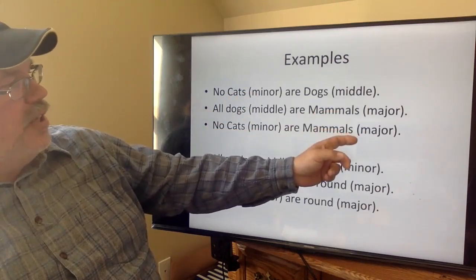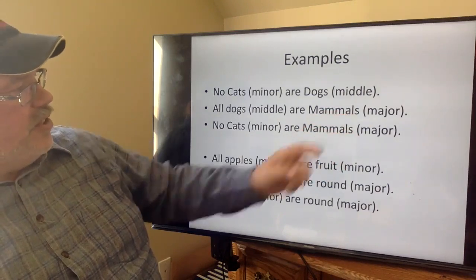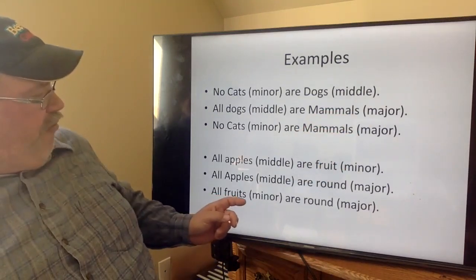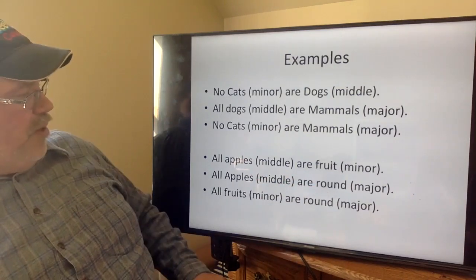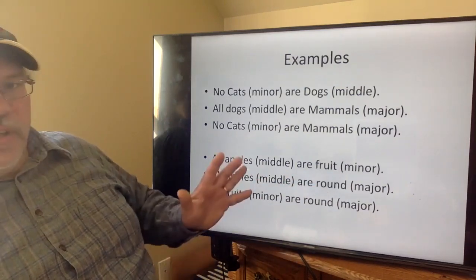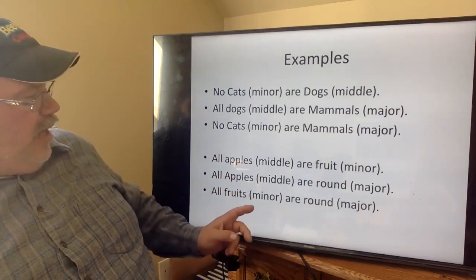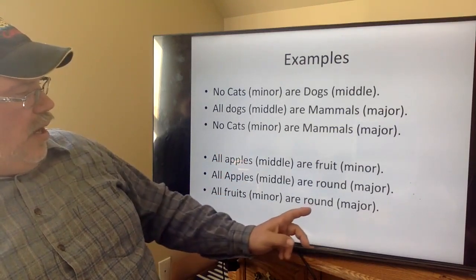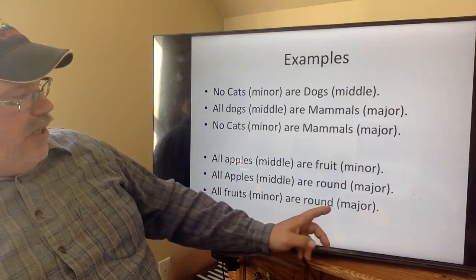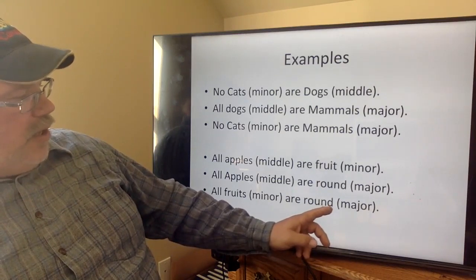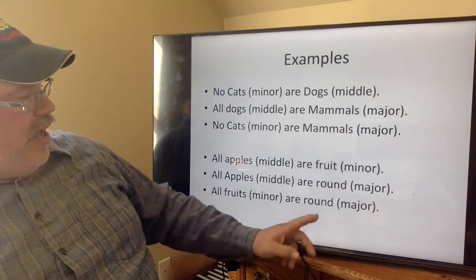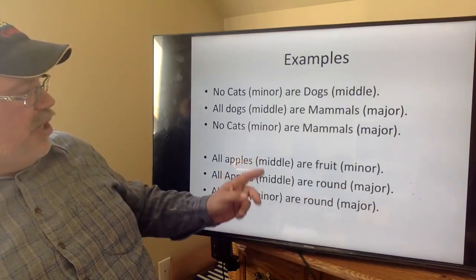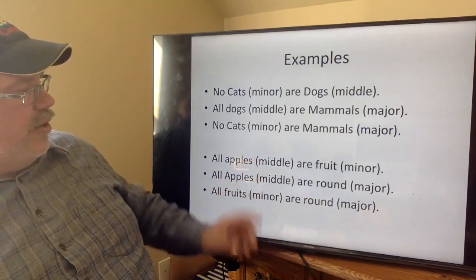Here we have fruits, a subject in the conclusion, but a predicate in the premise. Perfectly acceptable. Likewise, round is a predicate in the conclusion, and it's a predicate in the premise. And then the middle term is a subject in both cases where it occurs.